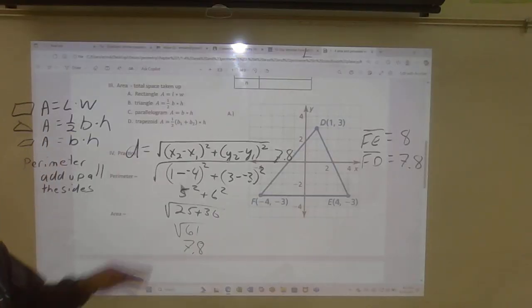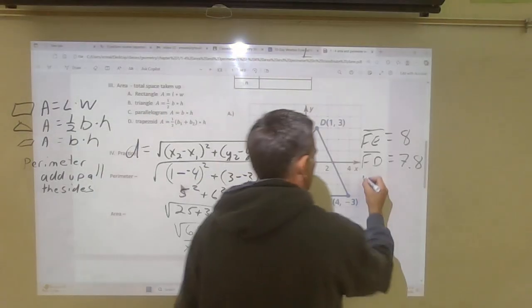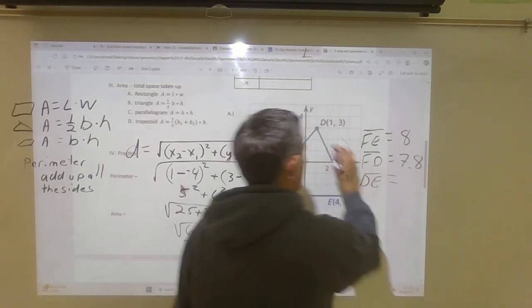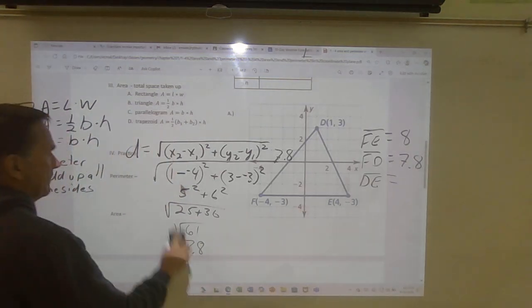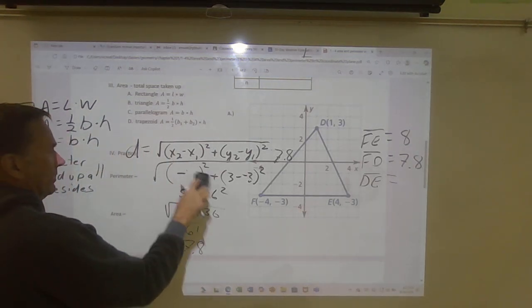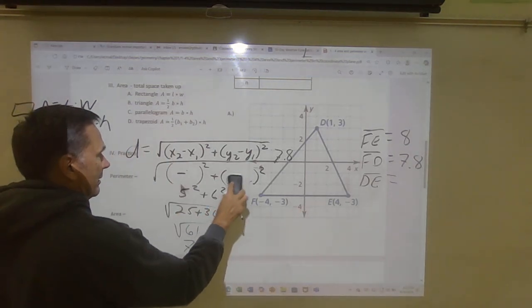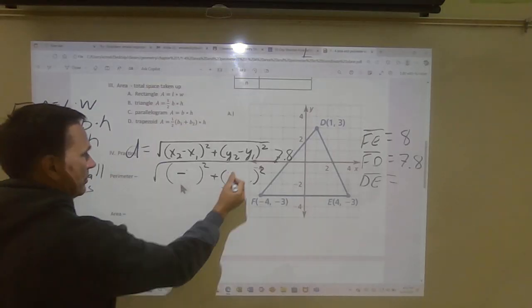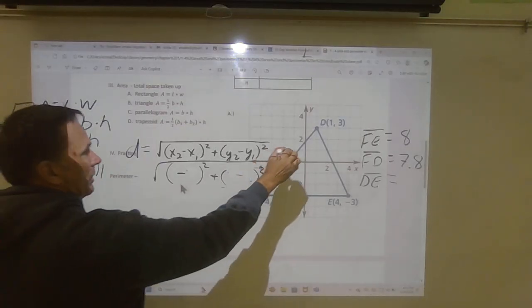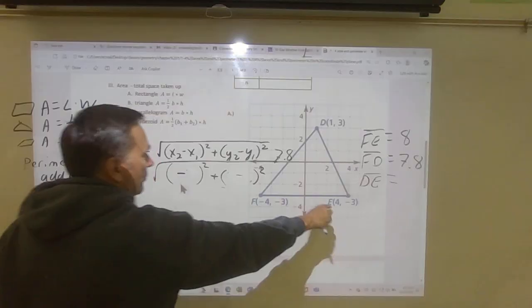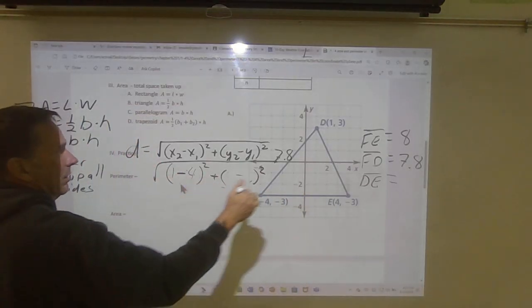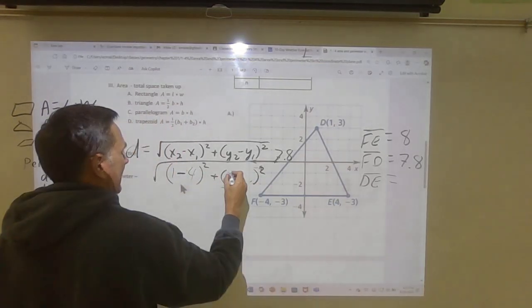We now have to do it with DE. This point to that point. So we're going from 1 minus negative 4, 3, and minus negative 3.